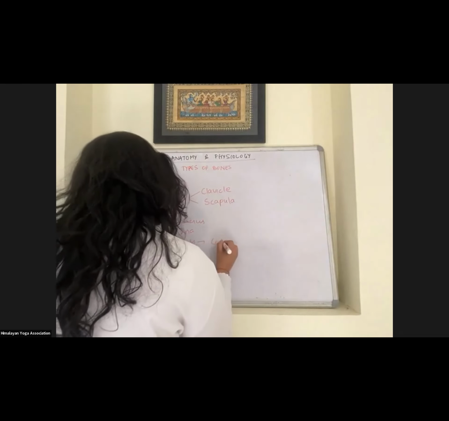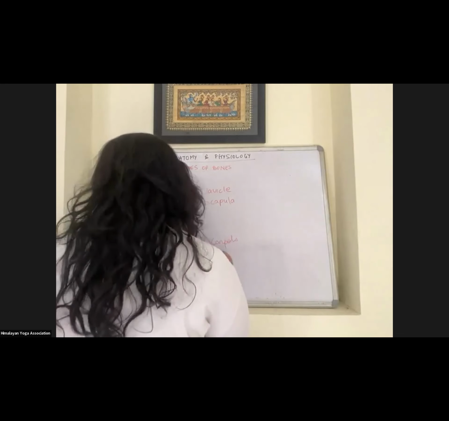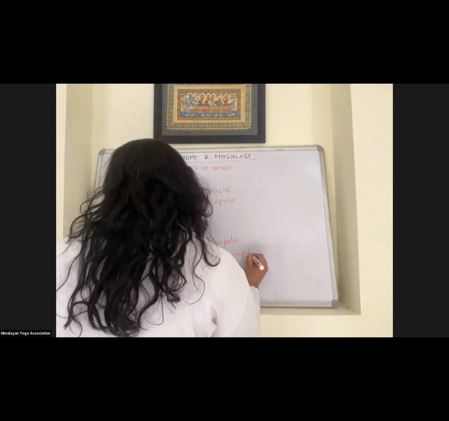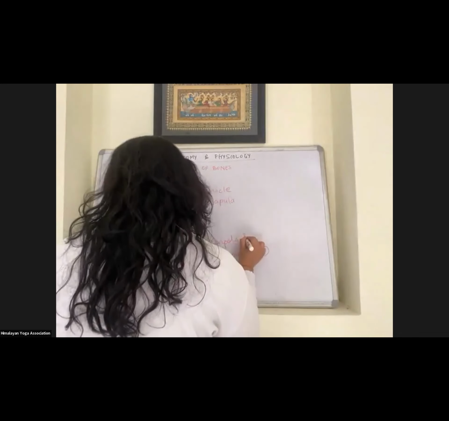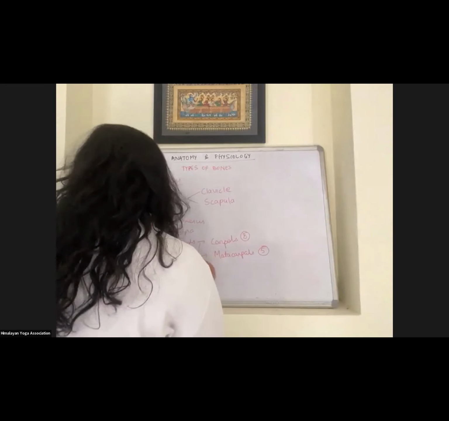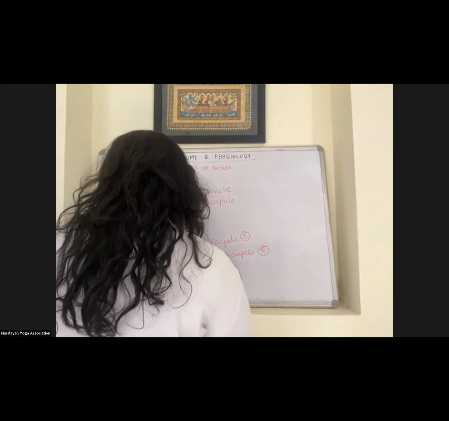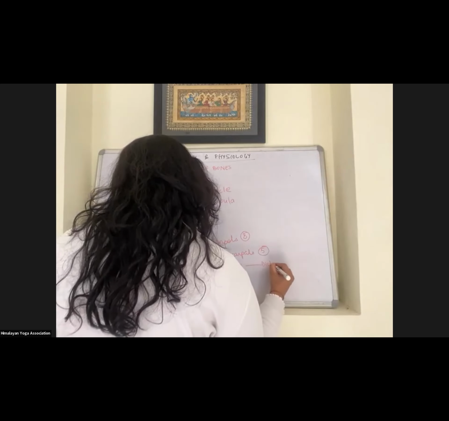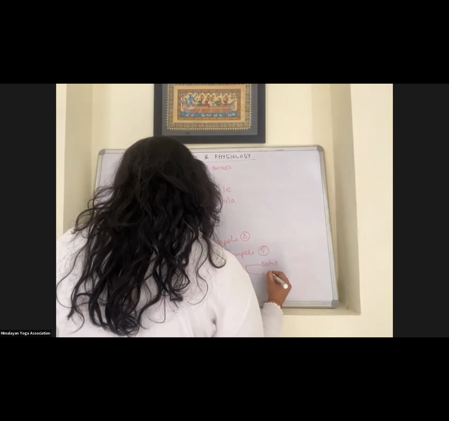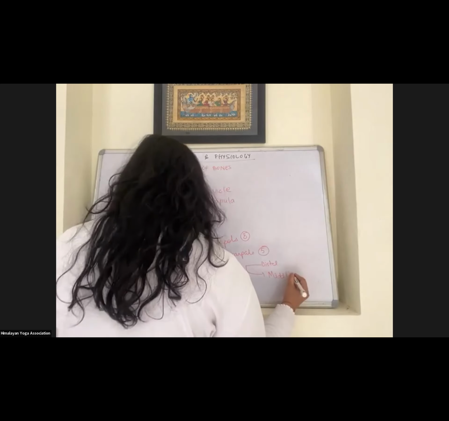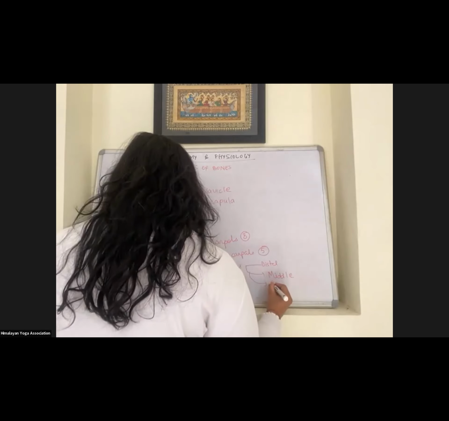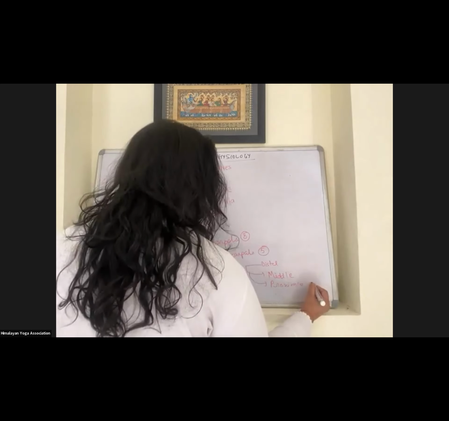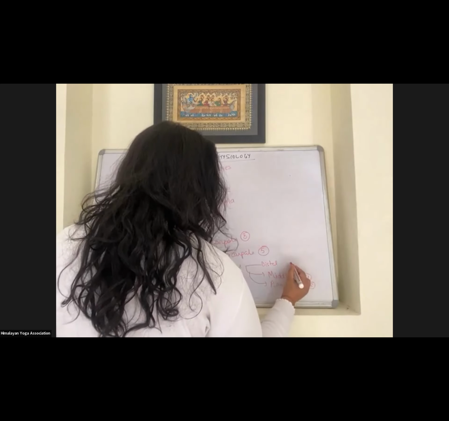In hands, we have carpals, metacarpals, we have phalanges: distal, middle, proximal. 5, 4, 5.